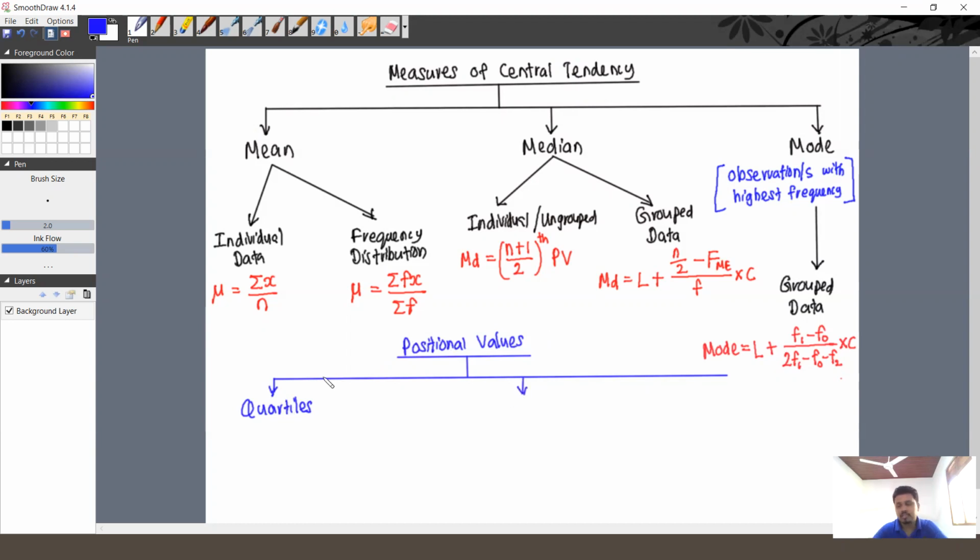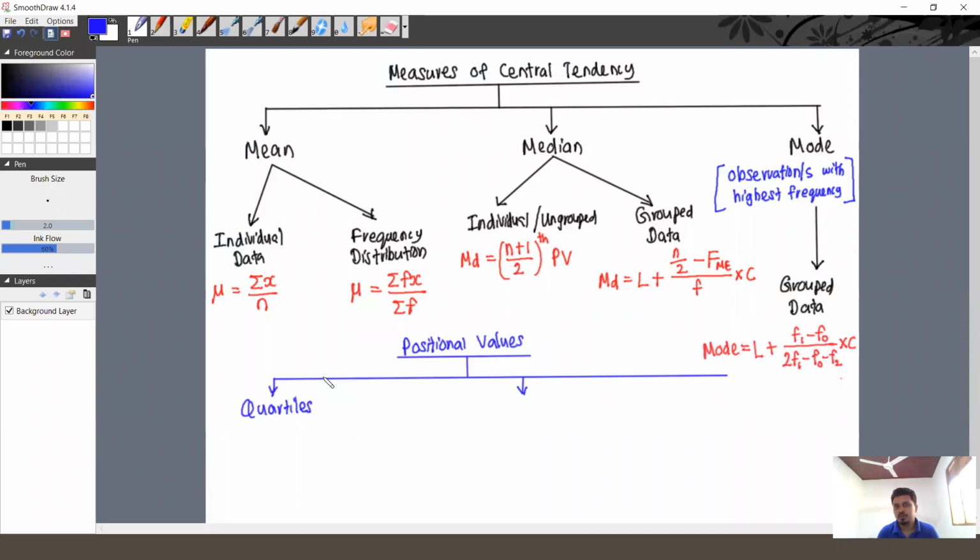In quartiles, we are dividing our data set into how many equal parts? Quartiles වල අපි data set එක සමාන කොටස් කීයකට කඩ ගන්නවද? මොනවද කැල් කරන්නේ?